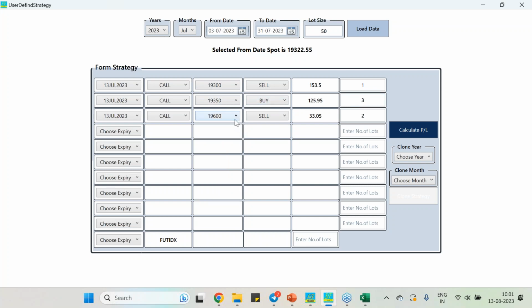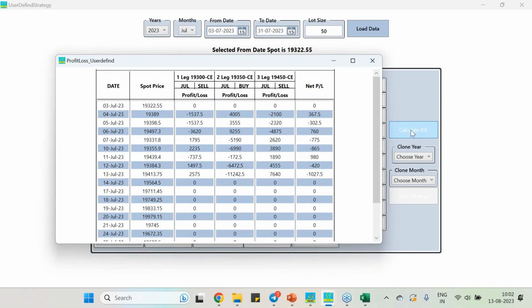They will be buying 2 lots of 350, and they will make 450 here, selling 2 lots. By this process they used to make good money. With 150 point combinations, if a penetration of 150 points happens, then they make a profit here. Roughly 150 points happened on 6 July, 19,497. So a 760 rupees profit has come.